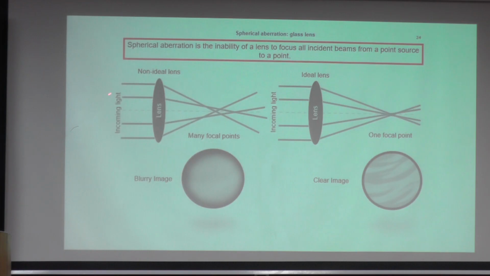So if we have a non-ideal lens, and this is incoming light to the lens, then we will have many focal points, which makes your image blurred. If we have an ideal lens, then we can bring all the light coming from the lens to one focal point, and then we can see a clear image.